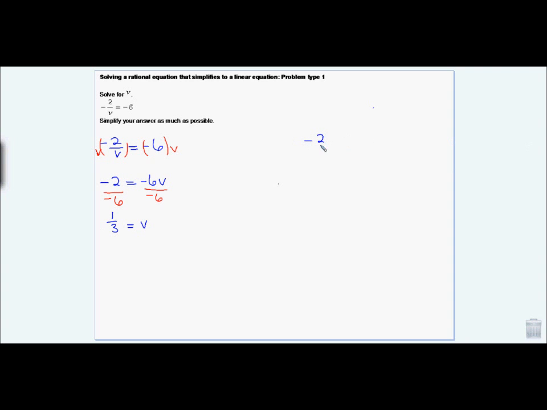Now the second way we can look at this is that if I have negative 2 over v is equal to negative 6, you'll notice kind of in this step I ended up with negative 2 over negative 6 equals v. If you have your variable in the denominator and it's set equal to a single constant or number, nothing else is going on, you can simply switch their places.